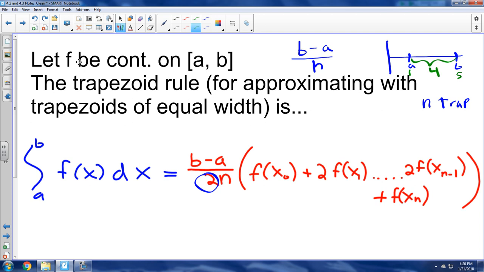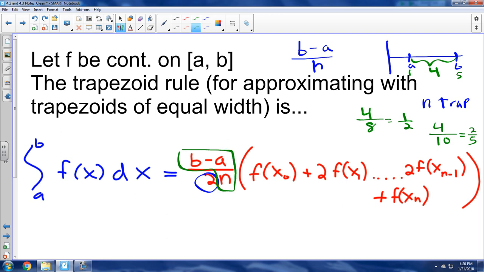It's the whole change on the x-axis. And if you divide that by the number of trapezoids, so you have 4, but you want to have 8 trapezoids, then they're each going to be 1/2. If you have a distance of 4 and you want to have 10 trapezoids, they're each going to be 2/5 wide. So you divide by the number of trapezoids. So that is where this is coming from.